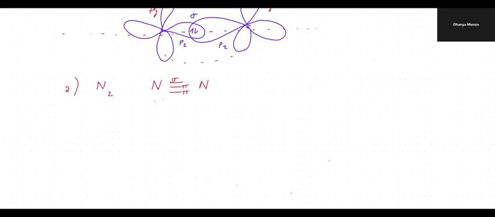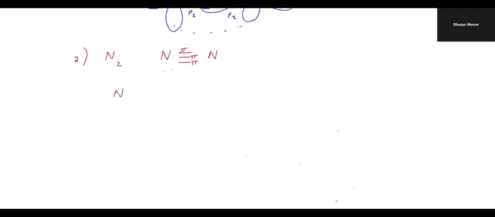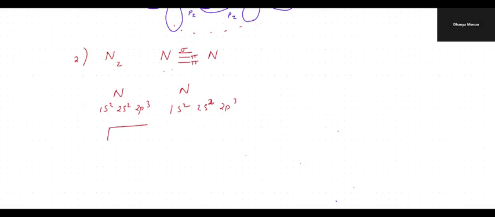Nitrogen, I'll just show with a diagram. One nitrogen has the configuration 1s2, 2s2, 2p3. So all the 3 2p orbitals are singly filled here: 1, 2, 3.